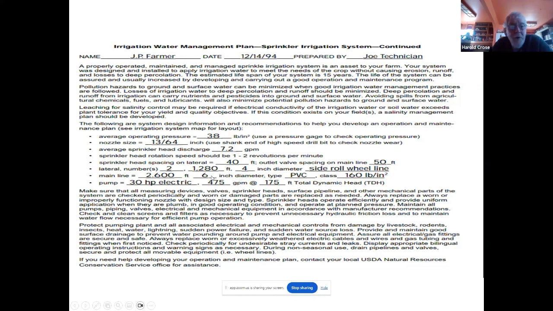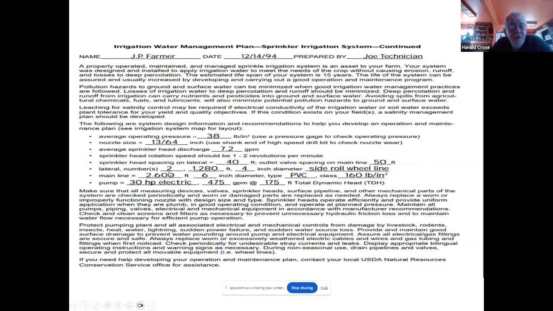Your sprinkler head spacings, 40-50. I usually design these at 40, 60, but this was in an area that had strong wind gusts during the critical parts of the year. So I tightened up the spacing to 40, 50, which means he had maybe a little more equipment, but I took into consideration the wind effects, and I just built a little bit more of a robust system.